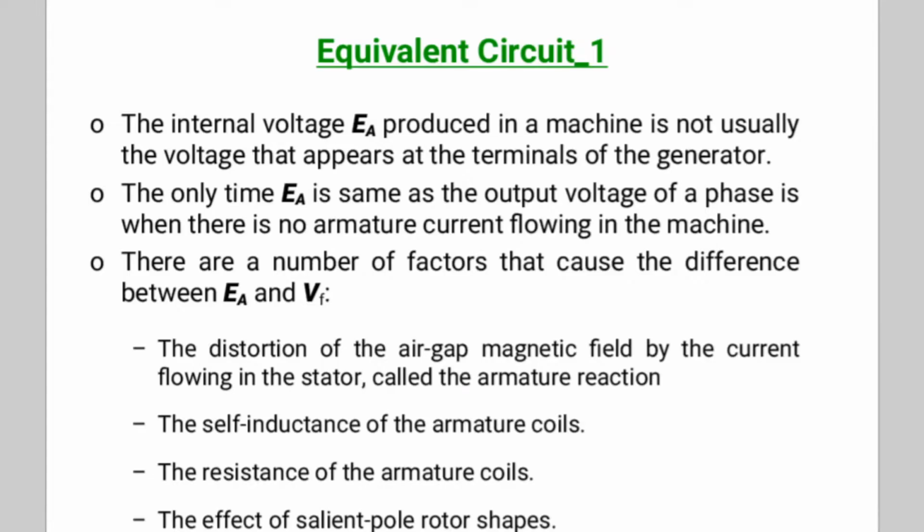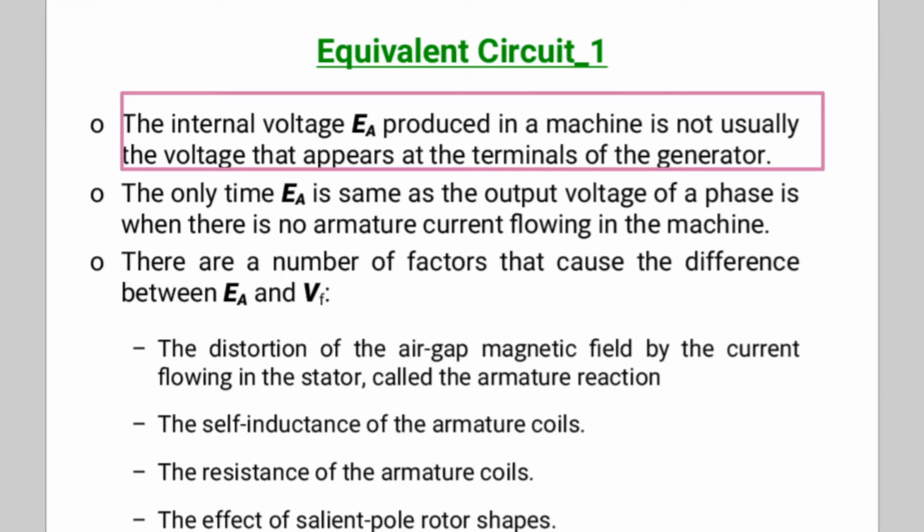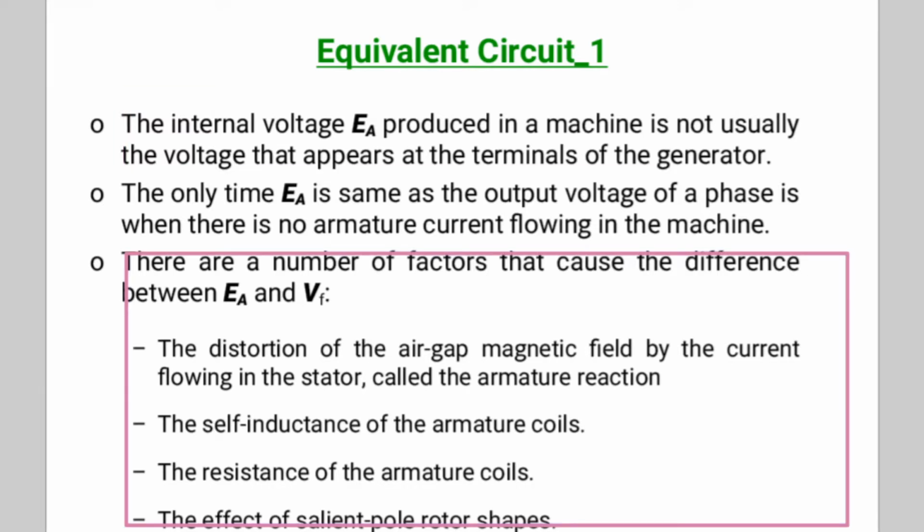9. Equivalent circuit diagram. To develop a relation for V_phi, the terminal voltage of the generator, which is different from the internal voltage E_A, an equivalent circuit is needed. Reasons for V_phi to be different from E_A: 1.